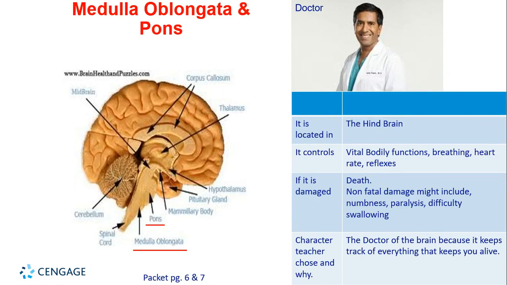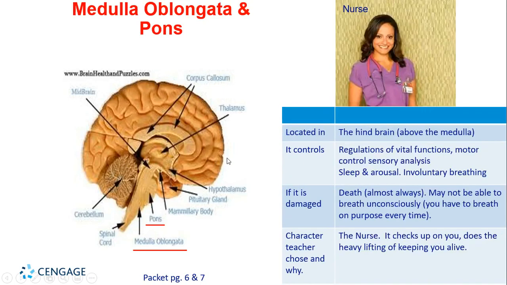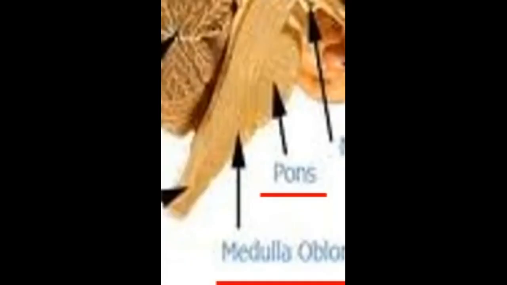Now, if there's a doctor of the brain, then there has to be a nurse. And your nurse is going to be your pons. Your pons is still here in the brainstem. And you'll notice that there's this little piece that kind of sticks out like a belly, like a fat belly. That's your pons.